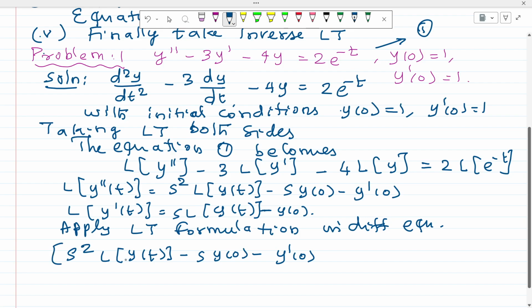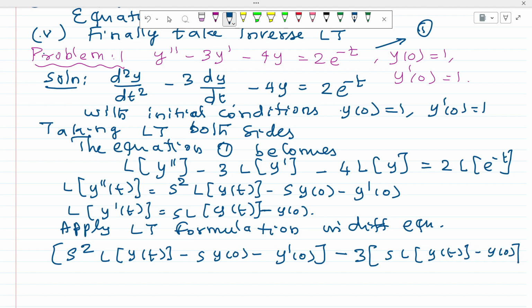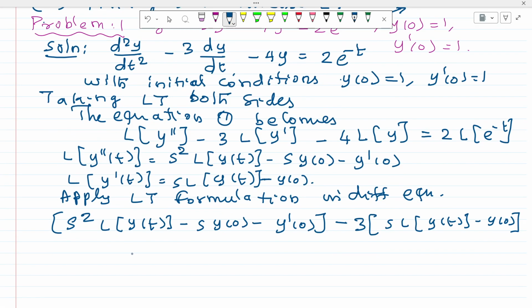Close the bracket. Minus 3 L of y dash of t, and L of y dash of t is s into L of y of t minus y of 0. Write carefully this, and then close the bracket.